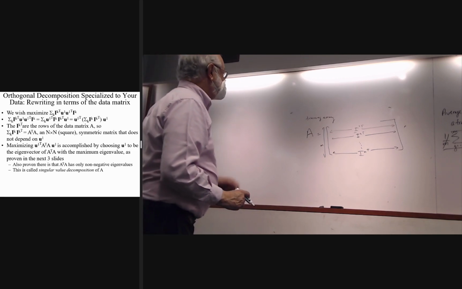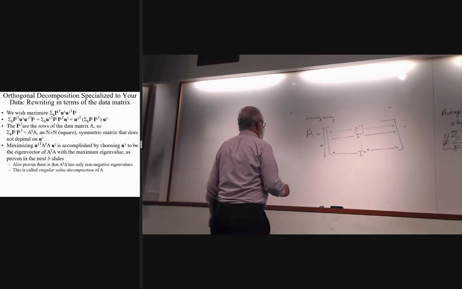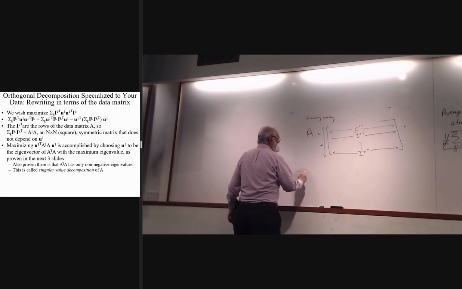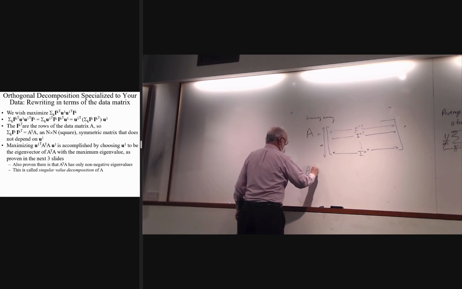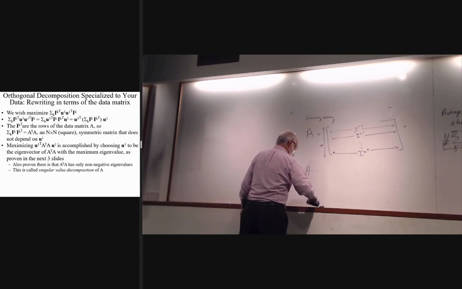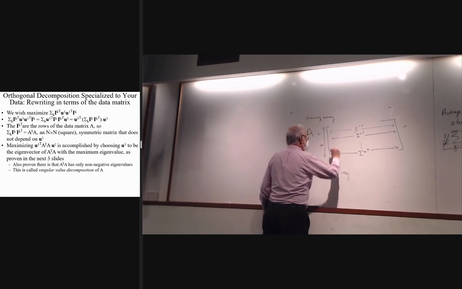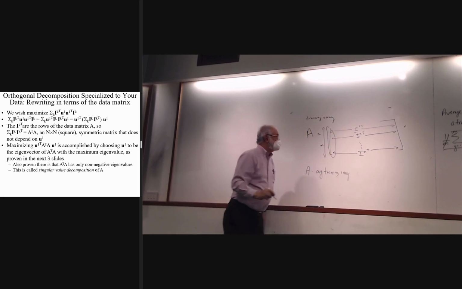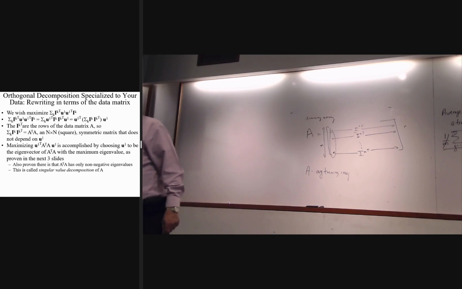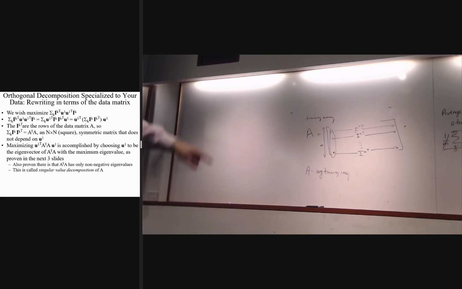Okay, so I'm going to take the first pixel in each column, and I'm going to take its average. Right? And the second pixel, and take the average of the second pixels.